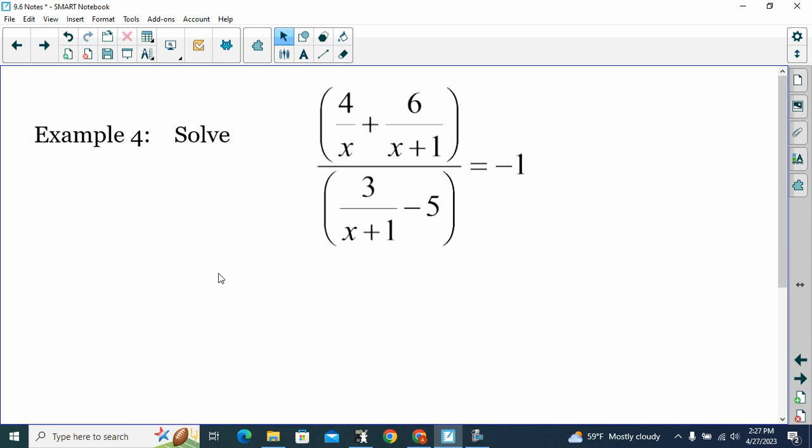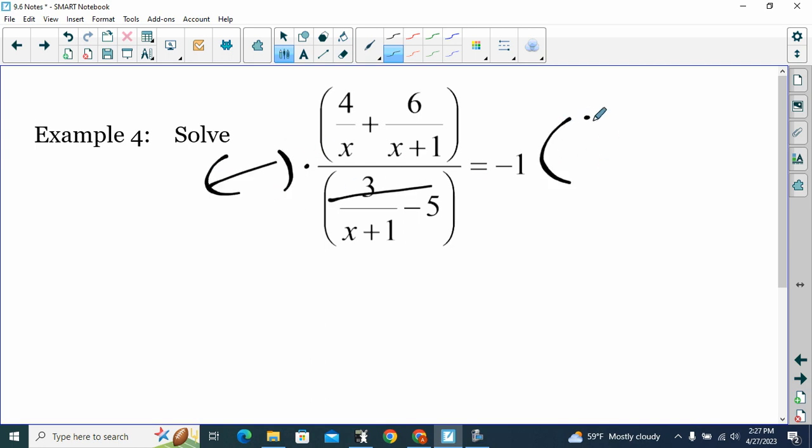We could simplify this complex fraction on the left side, and then cross multiply or do what we did today. I think probably the easiest thing to do, I've got something divided by something else equals negative 1. Let's just multiply both sides by this thing here. So those cancel. So I'm multiplying this side by 3 over x plus 1 minus 5.